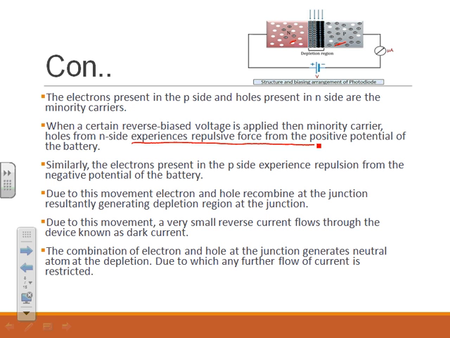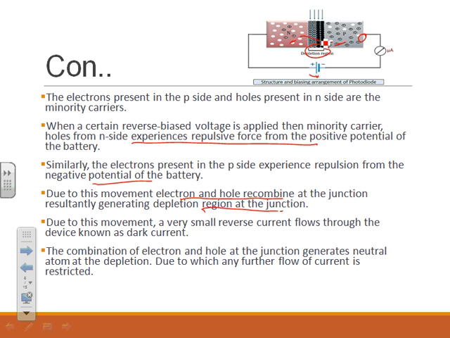Similarly, electrons in the P side experience a repulsive force due to the negative potential of the battery. Due to this movement of electrons and holes, recombination at the junction generates the depletion region. This depletion region is formed by the recombination process.